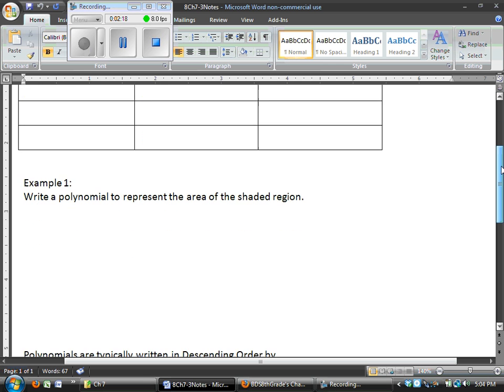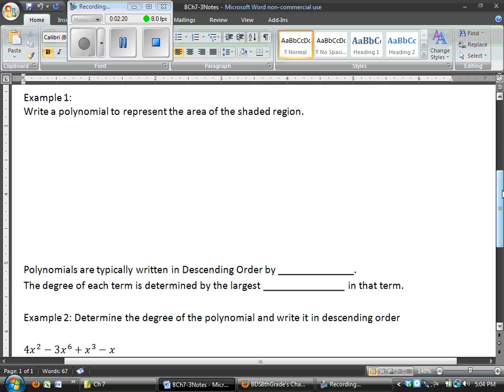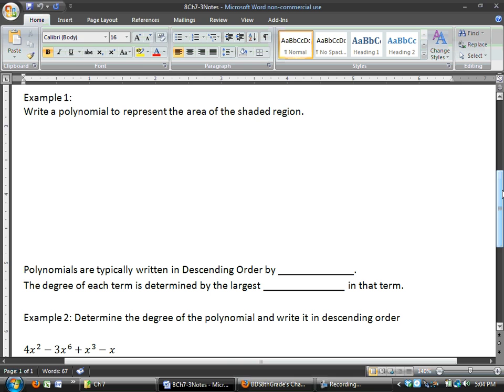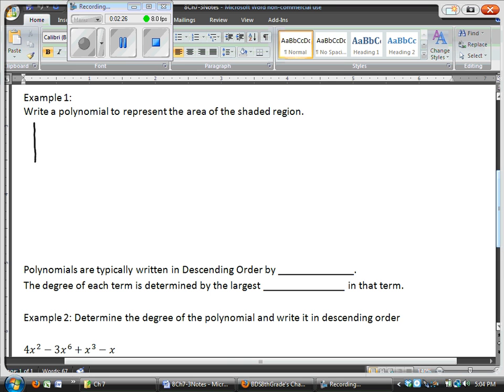So, first example here, I want to write a polynomial to represent the area of the shaded region. Now you might be wondering, where's the shaded region? Well, here it is. I have a rectangle there. I have a circle in the middle with a radius drawn straight down.